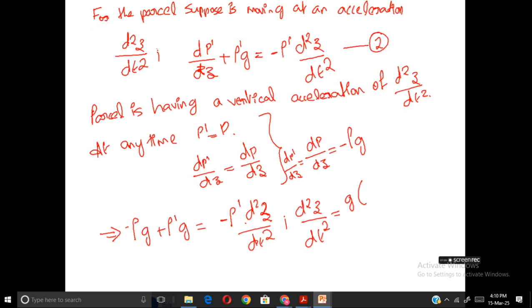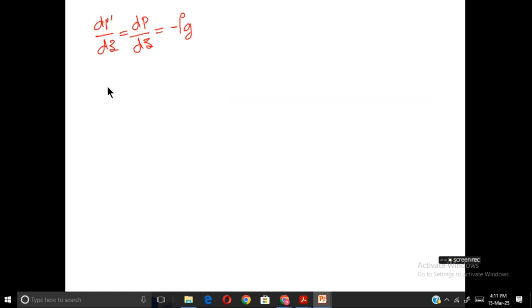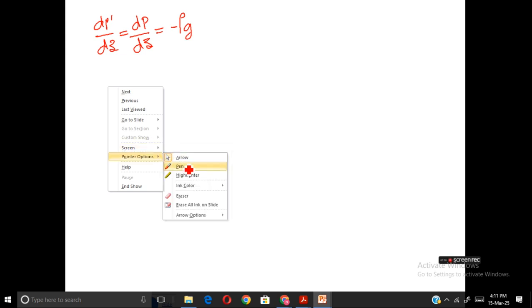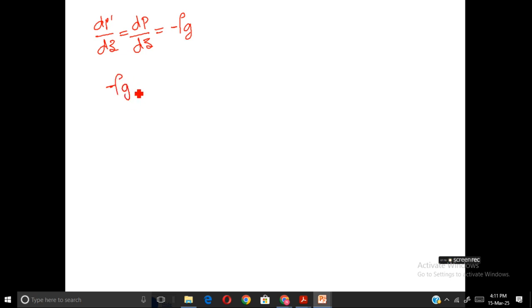We substitute dp dash by dz by minus rho g in the equation for vertical acceleration of the parcel. Minus rho g plus rho dash into g is equal to minus rho dash into d square z by dt square.